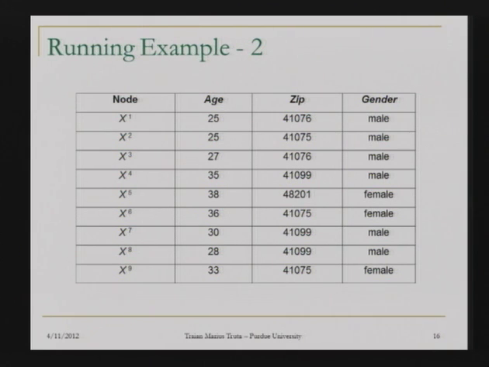In other words, we try to put together the values of age or zip or gender and to create the same generalized value for 3 of those nodes. Now, why 3? Because usually you select a target, how many nodes you want to be in the same group. And in our example, this number is 3. You can select a different value, 5, 10, 2. It must be greater than 1.